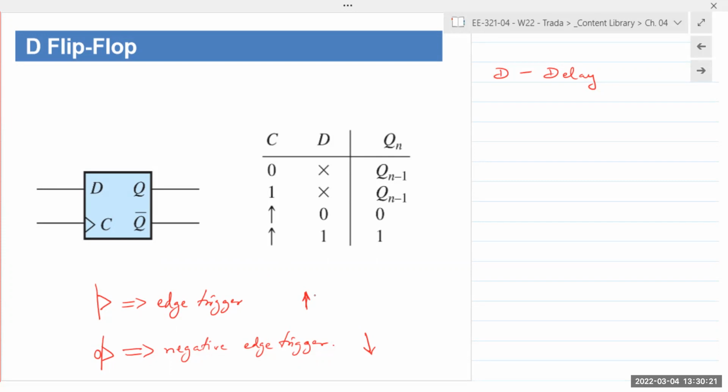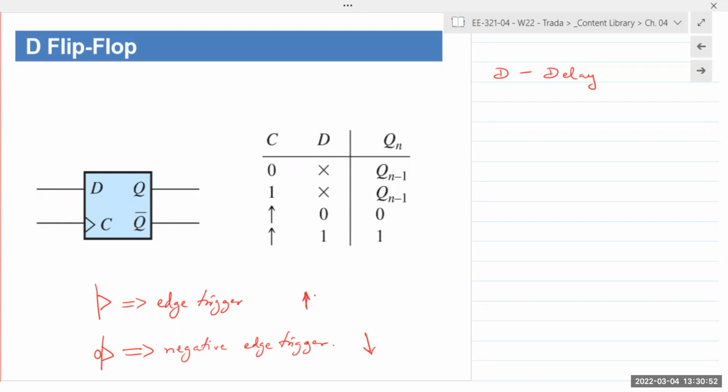So what is the delay flip-flop? Well, a delay flip-flop is, again, kind of like a memory storage unit. It will store the memory, meaning the previous state. Hence, we see Qn minus 1, right? It will keep the output of the flip-flop in the previous state and will only present the value from the input to the output when there is a transition going from 0 to 1.